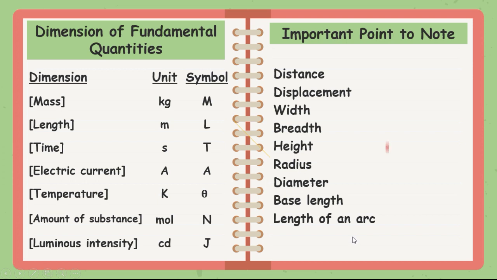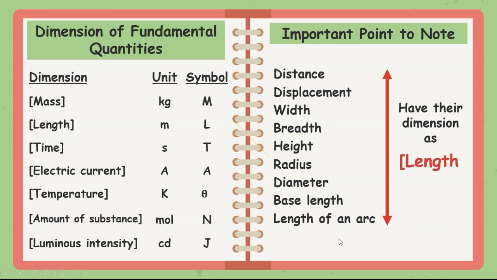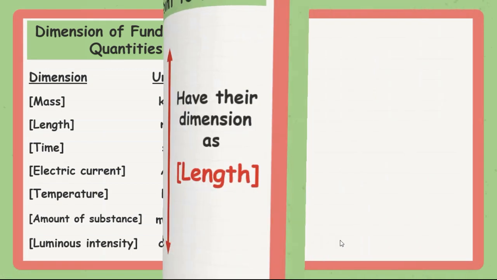All these are one thing. Any of these could be converted into the symbol or unit as meter because they have their dimension as length. So keep this in mind. Length expressed in different ways. This is an important point to note.